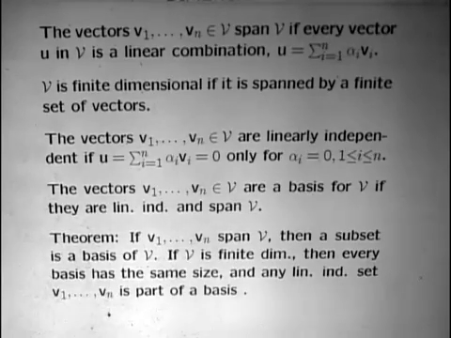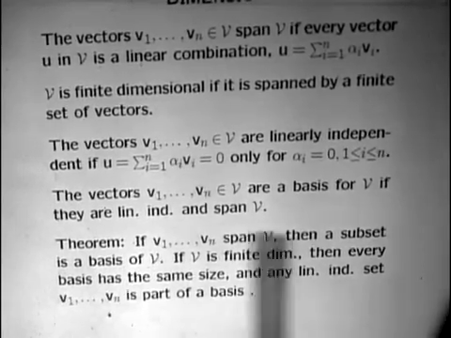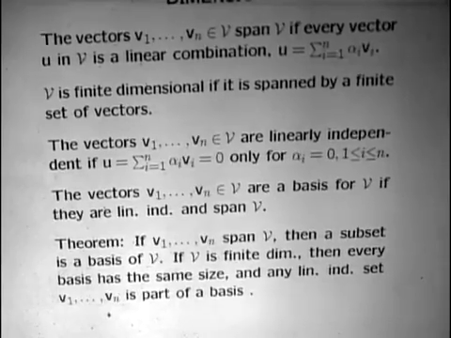And then the theorem, which I'm not going to prove, but it's a standard theorem of any linear algebra book. Well, it's probably theorems 1, 2, 3, and 4 all put together.